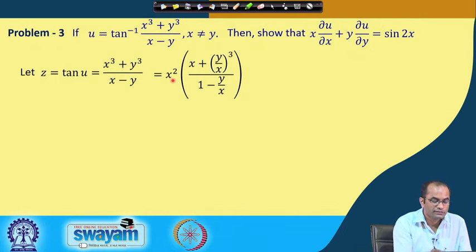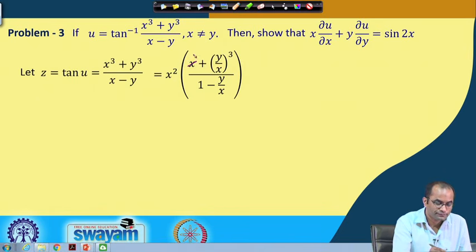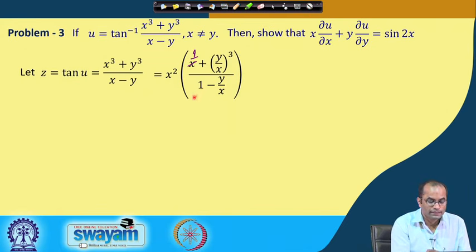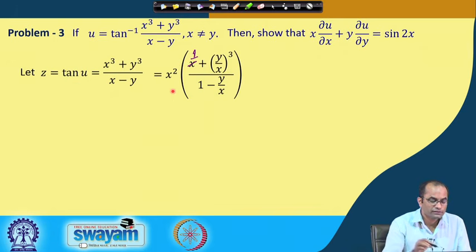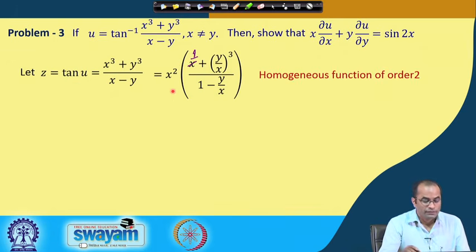So we will have x square times (1 plus y over x) whole cube, over 1 minus y over x. So this is a homogeneous function of order 2.